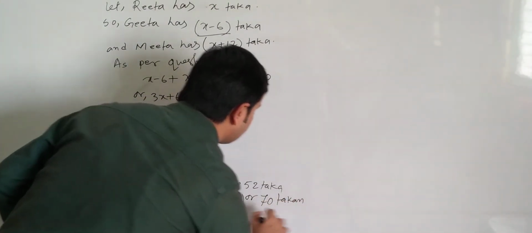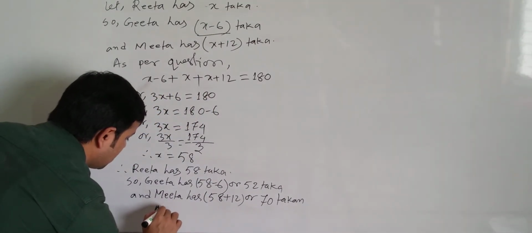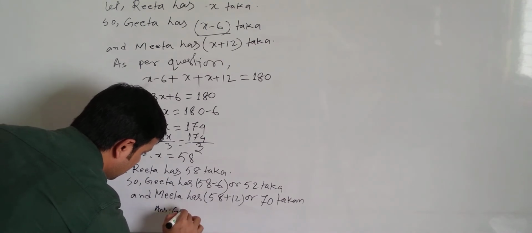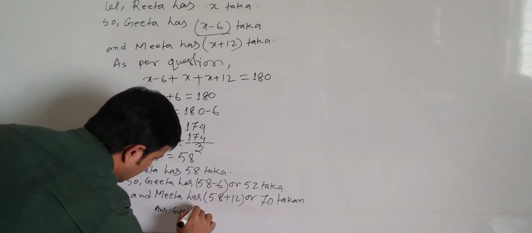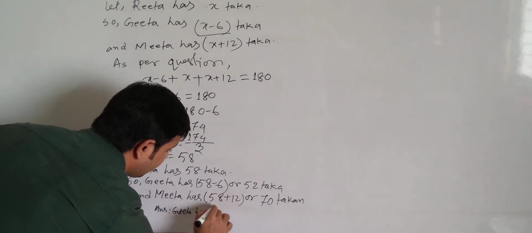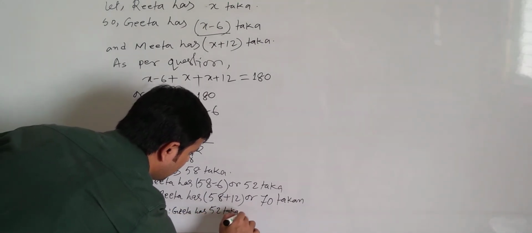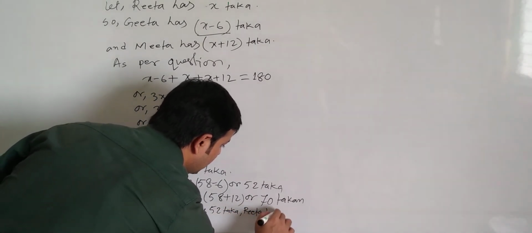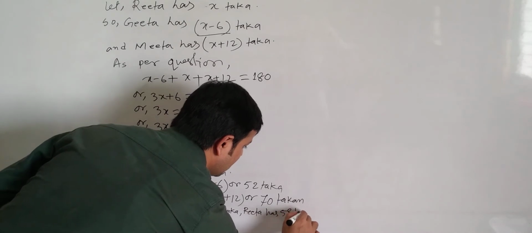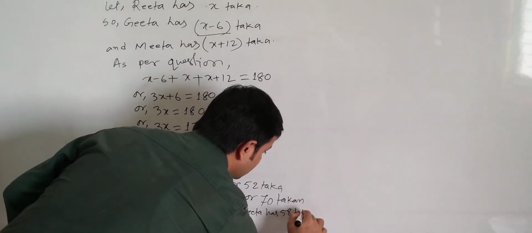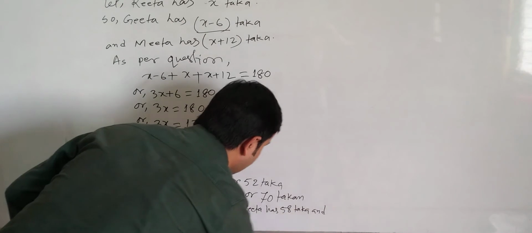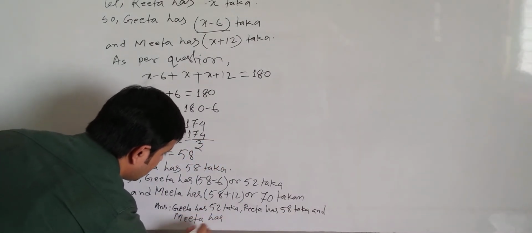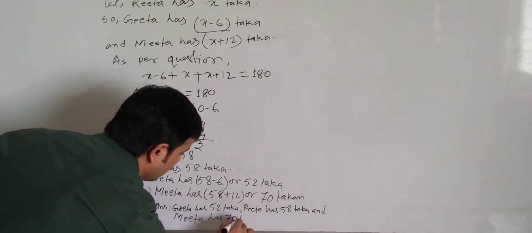So our required answer for this question is Gita has 52 taka, Rita has 58 taka, and Mita has 70 taka.